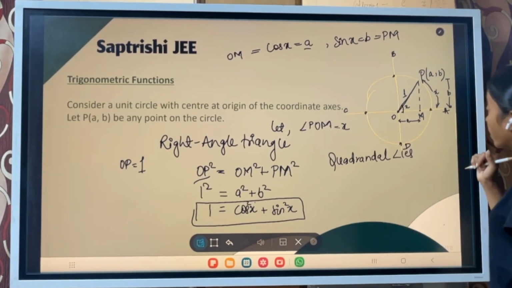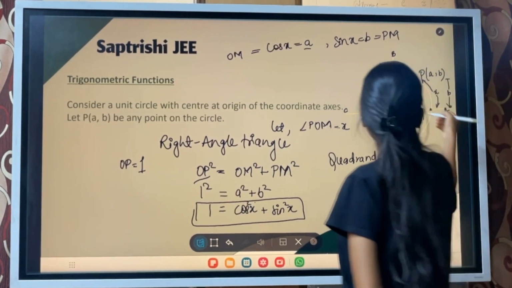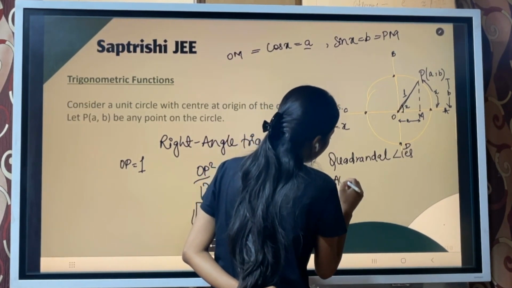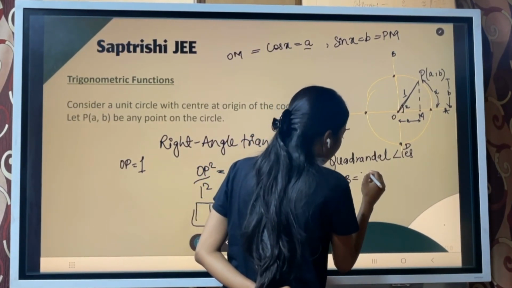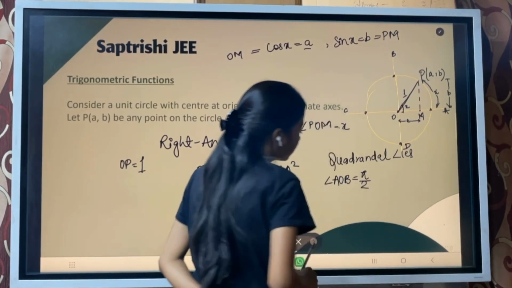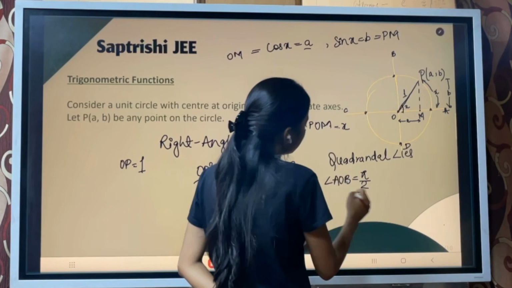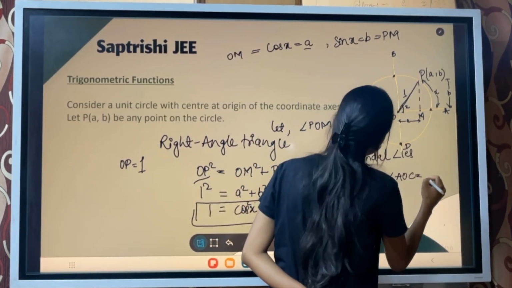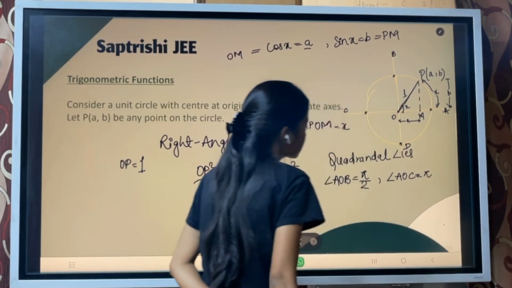So here, for the quadrantal values, angle AOB is nothing but, in radians, pi by 2. Circle means we have to denote in radians. Then angle AOC is pi, 180 degrees.